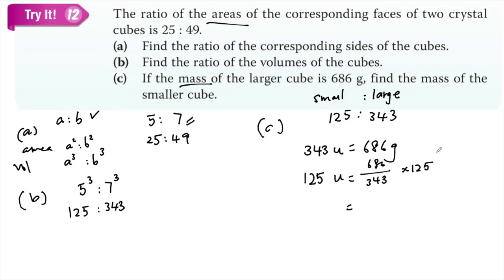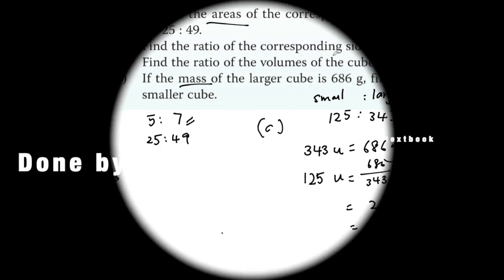You can use it for any numbers, even if it's not nice multiples of the ratio. So what you have is 2 times 125. We take this ratio as units, so 125 units represents 250 gram. So this is the mass of your smaller cube.